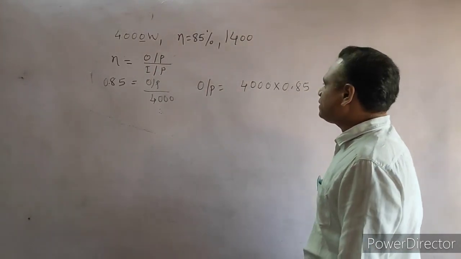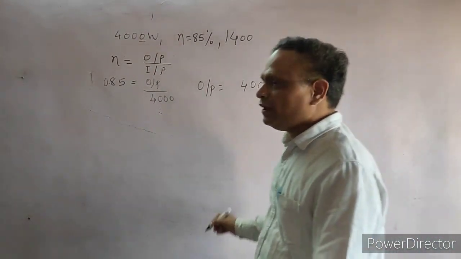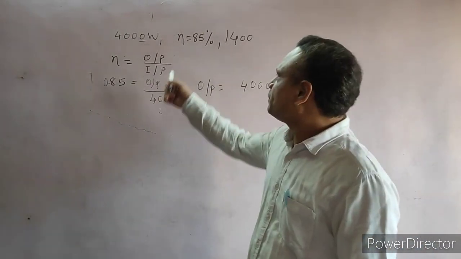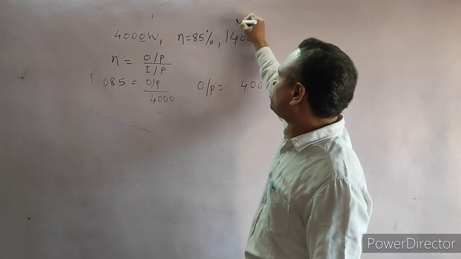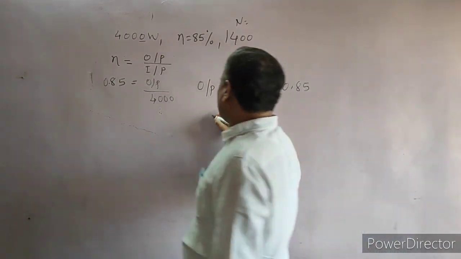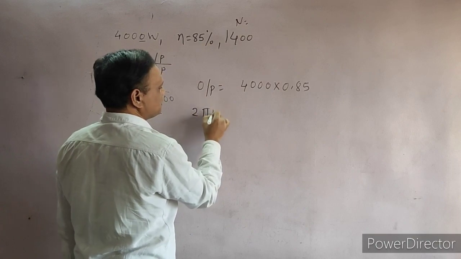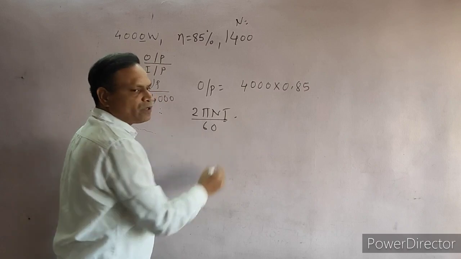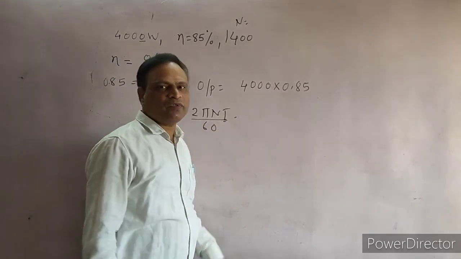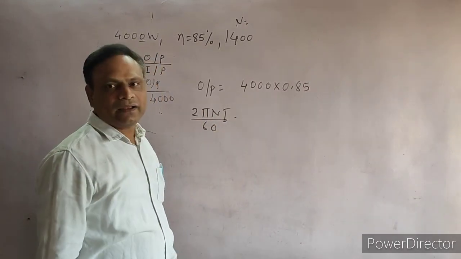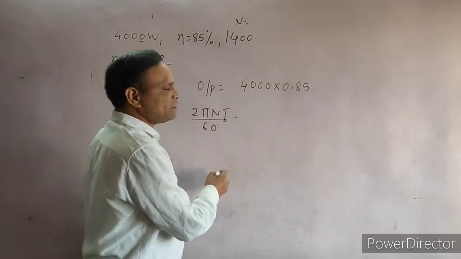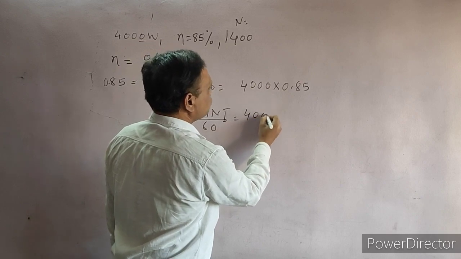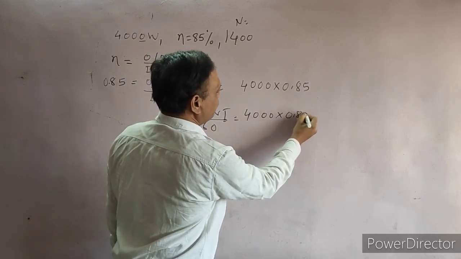Now, there is another formula for calculating the output power when the speed n is known to you, that is 2 pi n T upon 60, where T is the torque, n is the RPM of the motor, and pi is a constant, that is 3.14. This is equal to 4000 into 0.85.